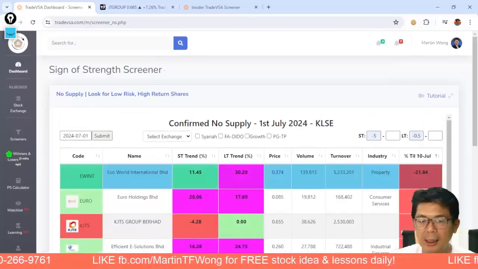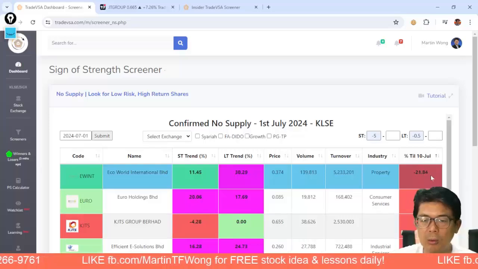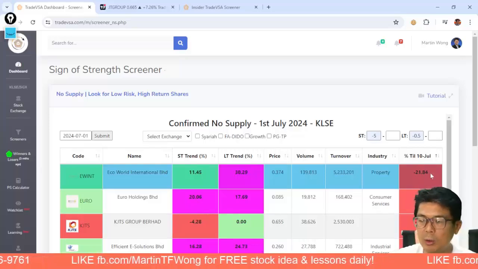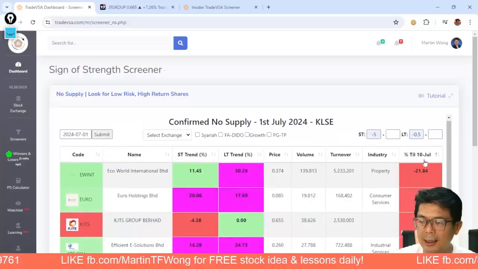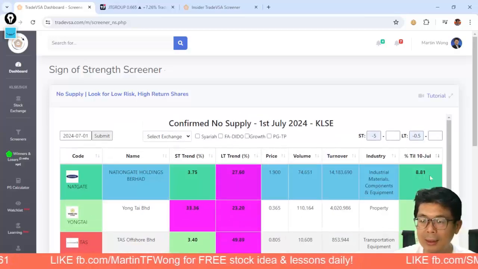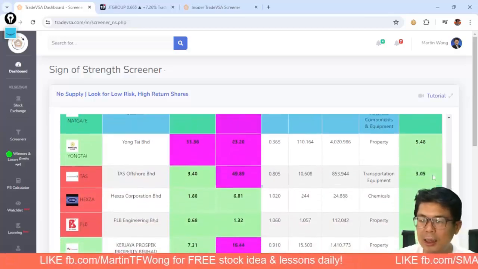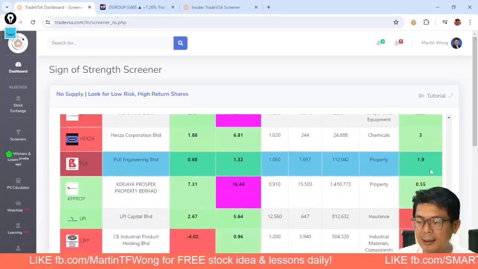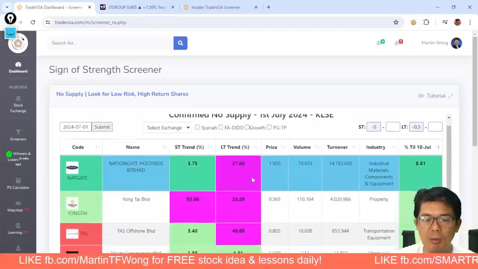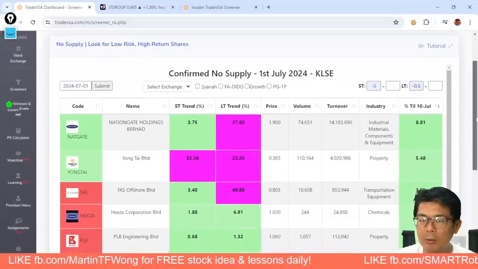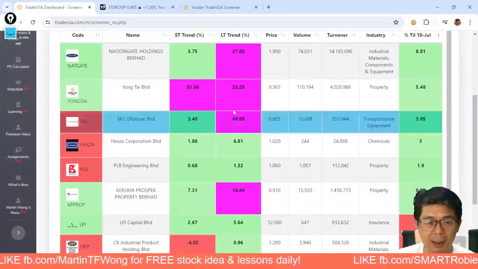All right, so we can see what the string of winners is here. 10 to 10. Echo World International is down 21% here, and you can see the big winners were Netgate 8%, Yongtai 5%, 3%. And then you got some smaller ones in here. So this is one way to really backtest the market.